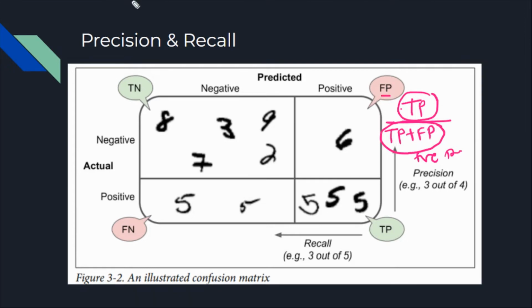Now let's look at the second one, that is recall. What is recall?